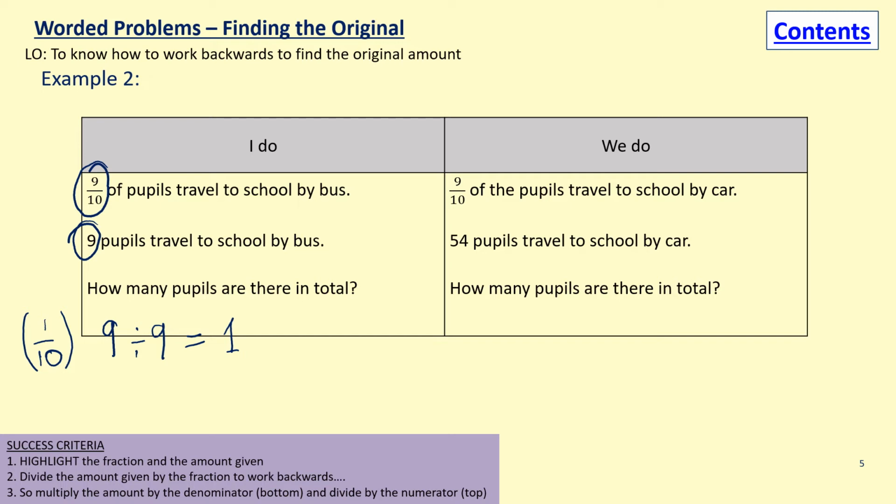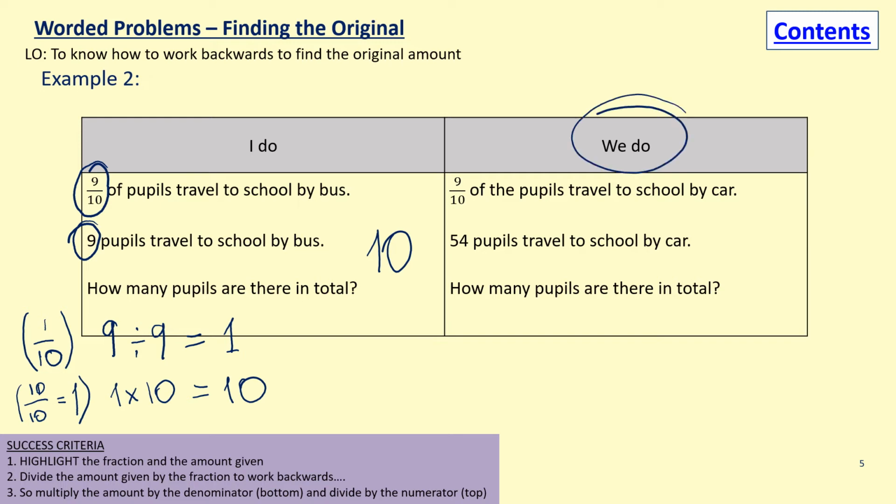So now what I want to work out is 10/10, which is 1, the whole number of students. So to do that, I need to times 1/10 by 10. So there are 10 students in total. What I would like you to do is to follow this example to attempt the questions.